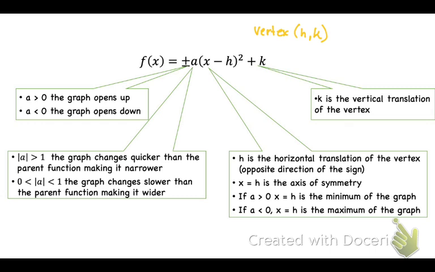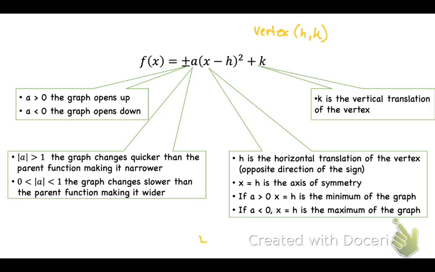Okay, so I've written down all these before for you. If A is greater than 0, that means it's positive. The graph goes up. That's why it's pointing to the plus and minus. If A is less than 0, the graph opens down because it's negative. If the absolute value of A is greater than 1, the graph changes quicker than the parent function.